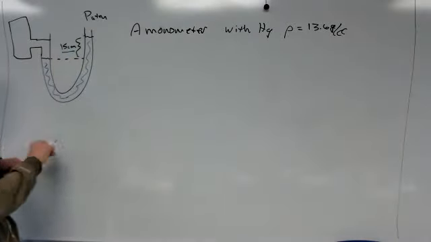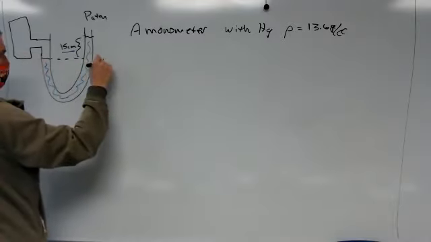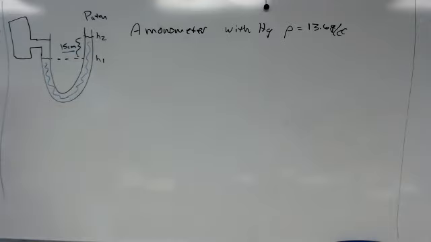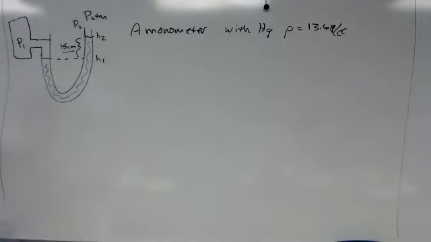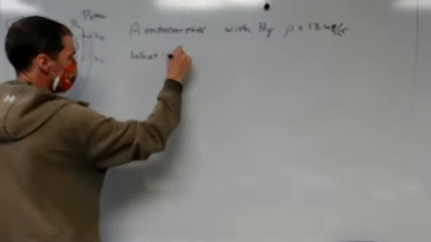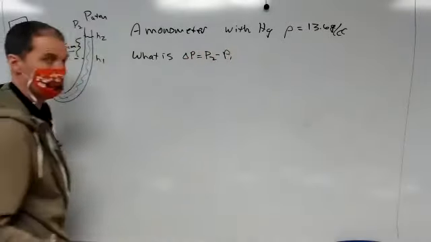We'll call these H1 and H2, and we'll call the pressures out here P1 and P2, right? And we want to know delta P equals P2 minus P1.